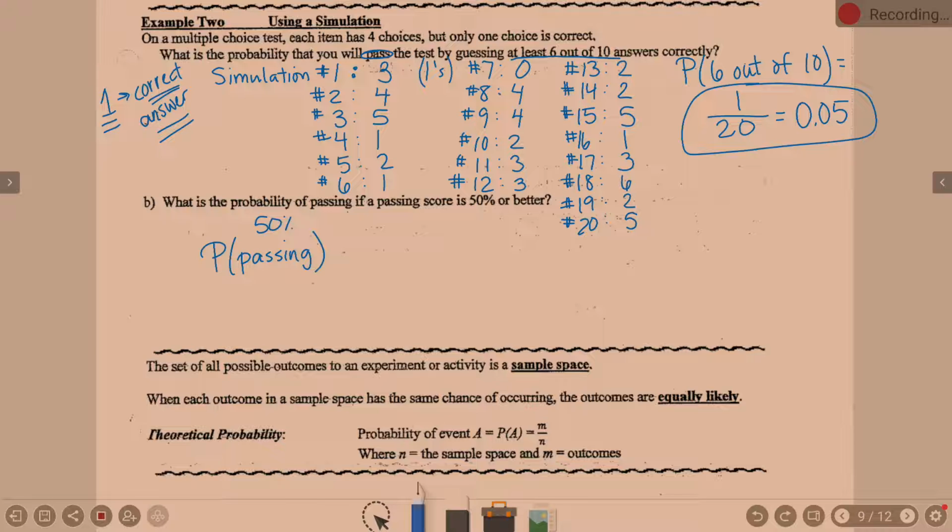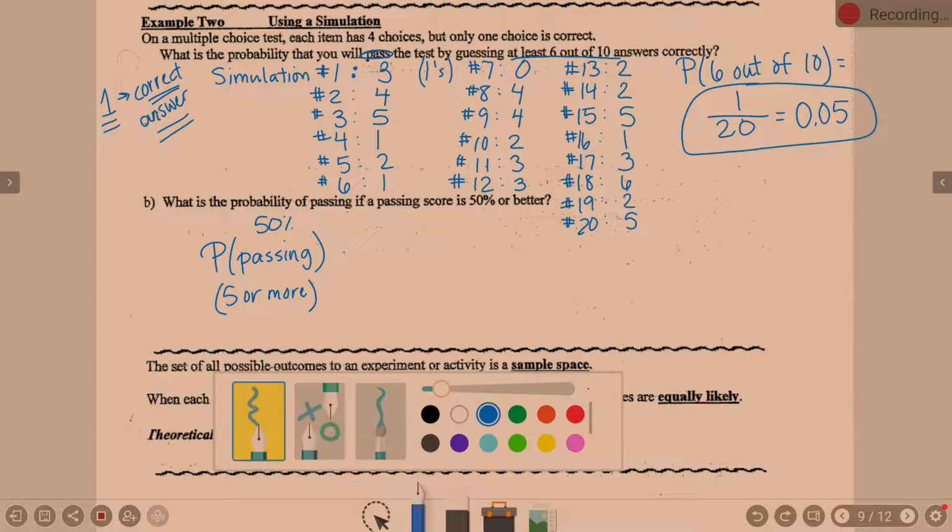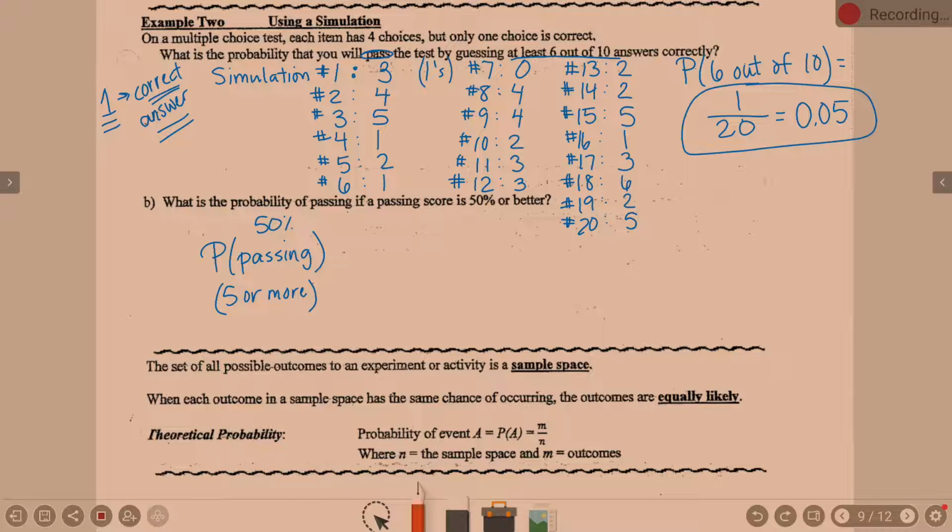What's going to be 50%? 5 or more, right? So this is going to be 5 or more. How many times did we get 5 or more? 1, 2, 3, 4. 4 times.